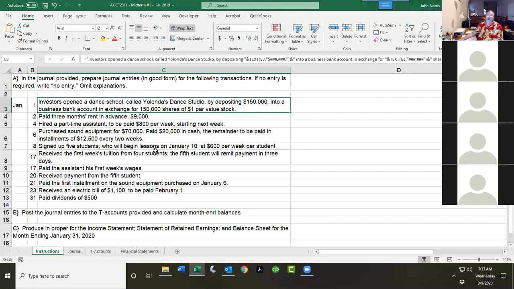Just starting with the first transaction: investors opened a dance school called Yolanda's Dance Studio by depositing $150,000 into a business bank account in exchange for 150,000 shares of $1 par value stock.